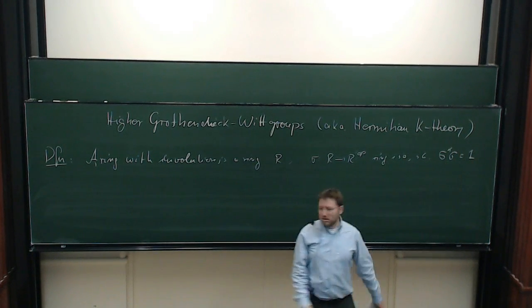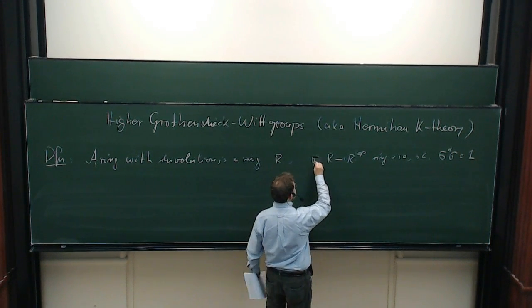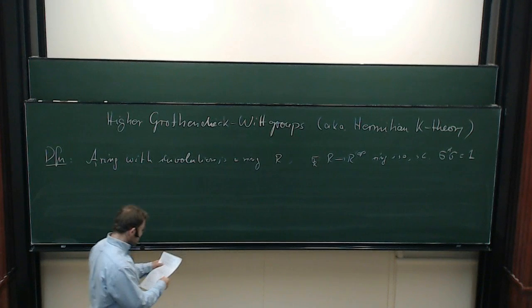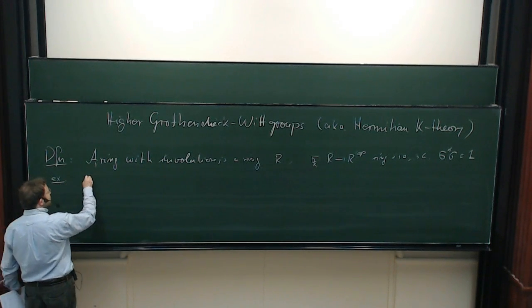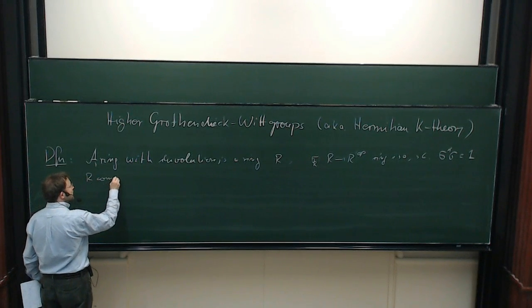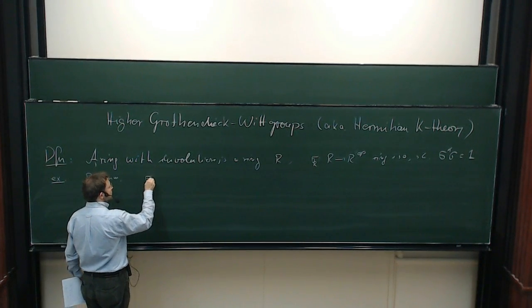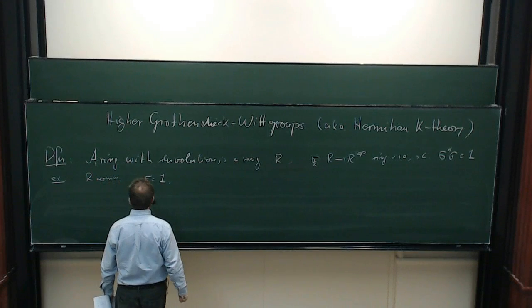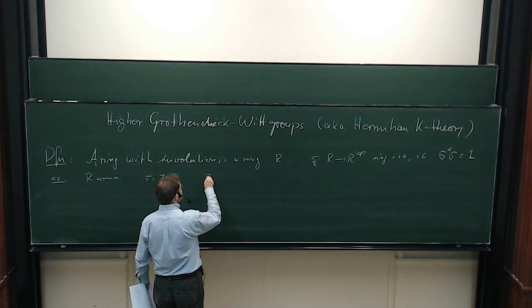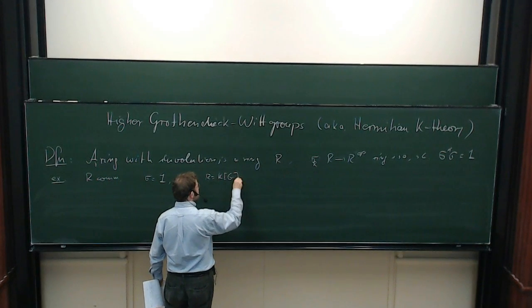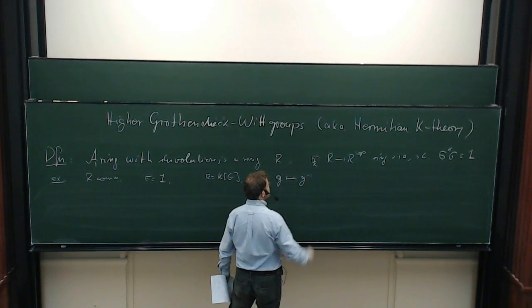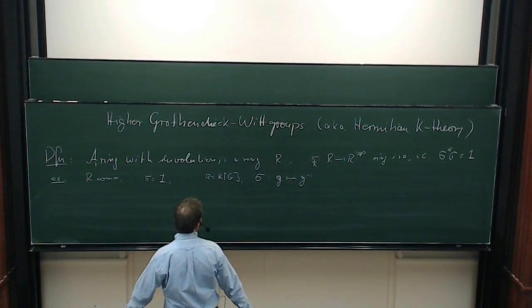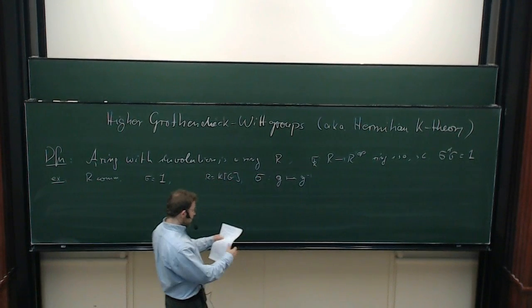Typical examples are, if R is commutative, then you can just take the identity. Or if R is, for instance, a group ring, you can take an involution sending an element of your group to its inverse.